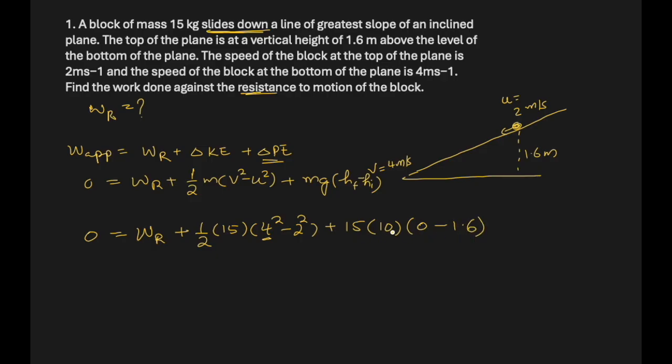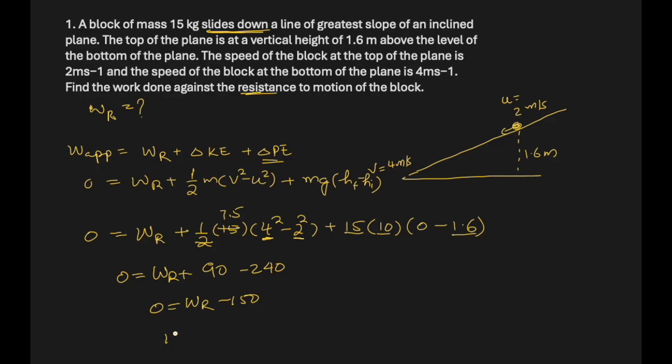So we'll get a negative change in potential energy, which means it will be positive on the other side. So 150 times negative 1.6 gives minus 240. Half of 15 is 7.5, and 16 minus 4 is 12, so 7.5 times 12 is 90. Then 90 minus 240 will be minus 150.